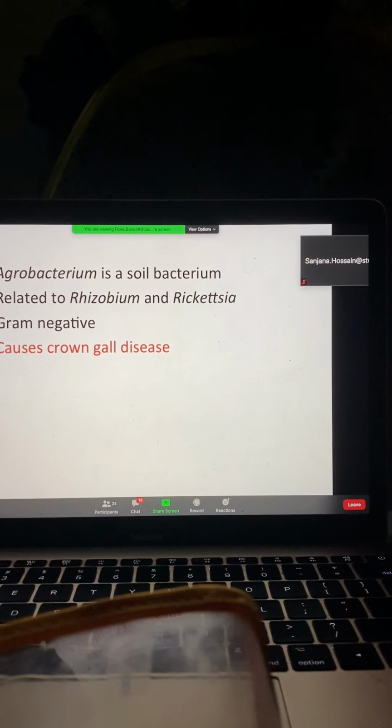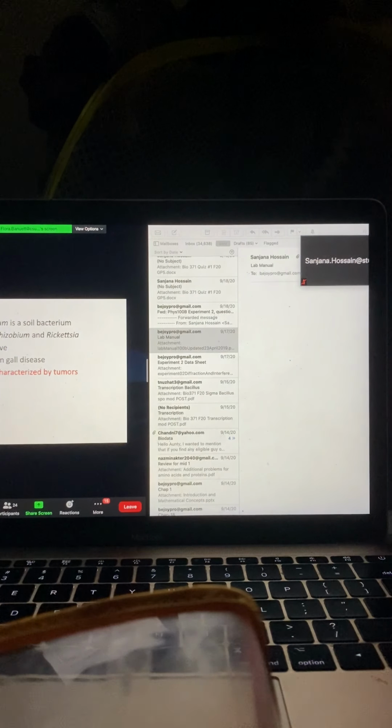This has been known for a long, long time. And this disease is characterized by tumors. So these are outgrowths on the plant, and tumors are really unusual in plants. There are only a few organisms that can cause tumors in plants, and Agrobacterium tumefaciens is one of the few.